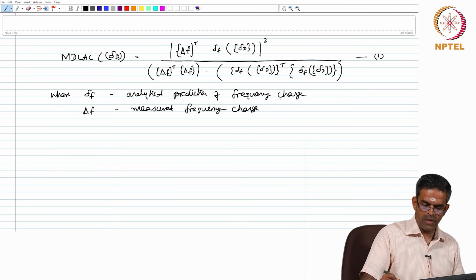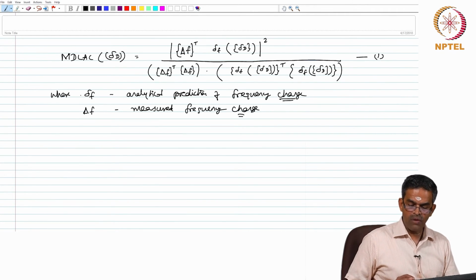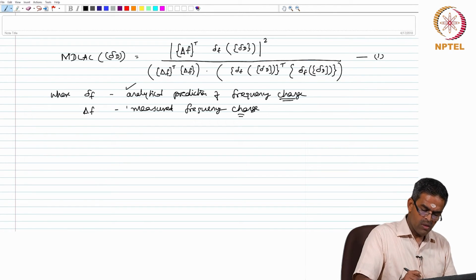Both are change in frequency, that is why the terms del and delta are associated. Both are frequency changes. One is analytical, one is experimental.